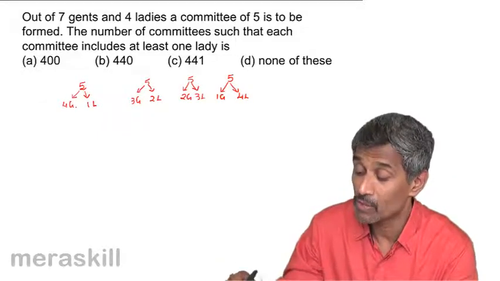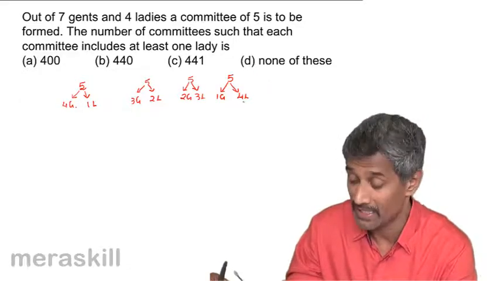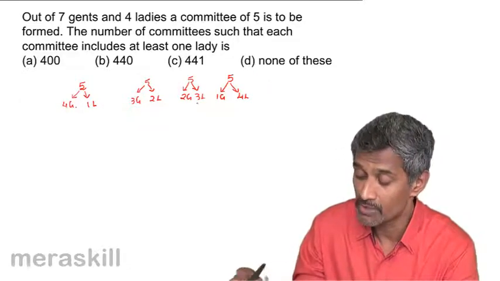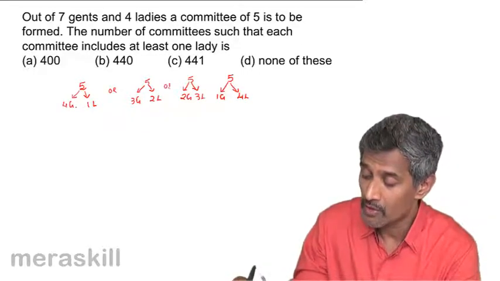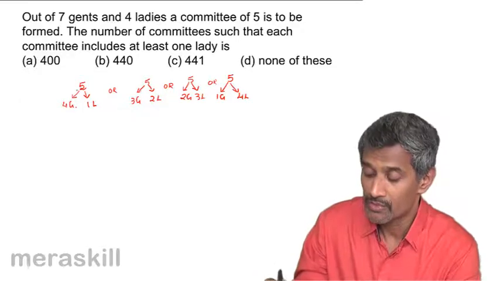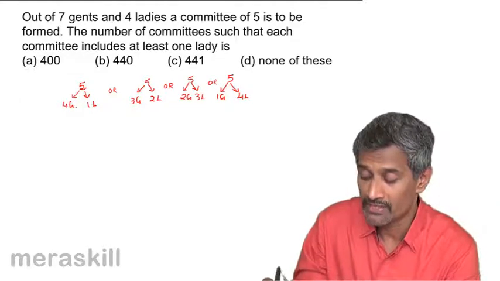Now if it had been told there are 5 ladies, we would have to consider one more possibility, but there are only 4 ladies, so they have to be chosen. So it should be either this or this or this or this. So 5 have to be chosen out of 4 gents and 1 lady.